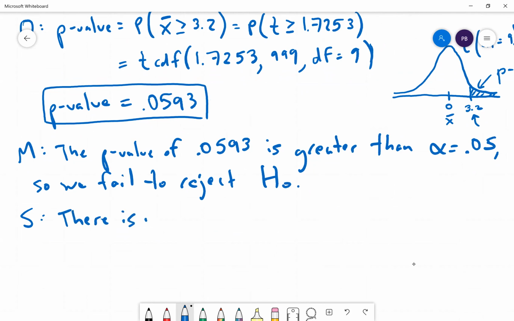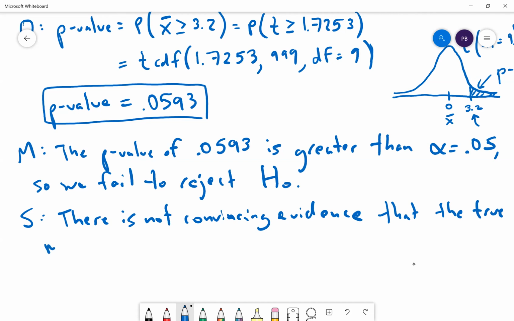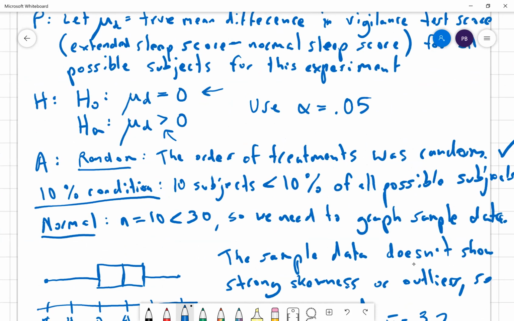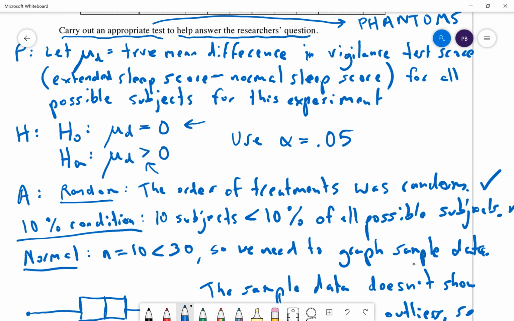So there is not convincing evidence, and then I'm going to state my alternative hypothesis in context. So here, that the true mean difference, and then let's just go back and remind ourselves what the alternative hypothesis was. That was that the true mean difference was greater than 0, and that was the true mean difference in vigilance test score.